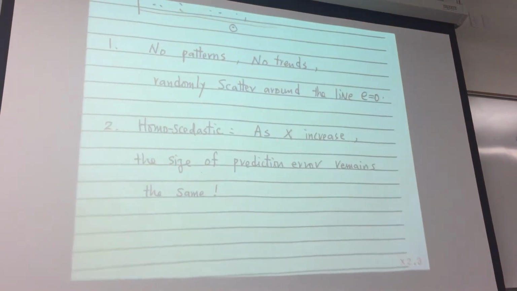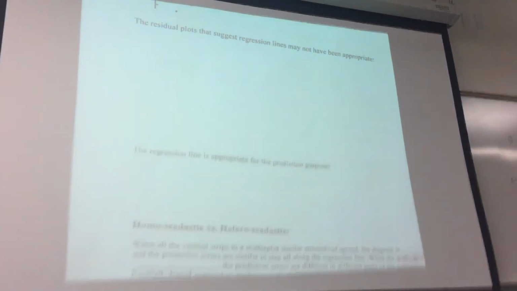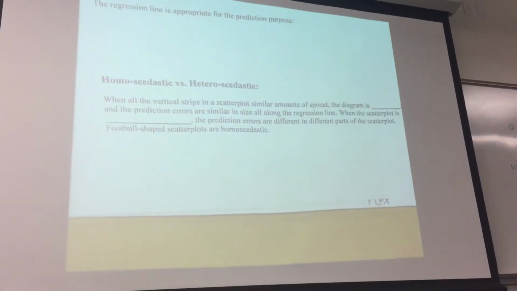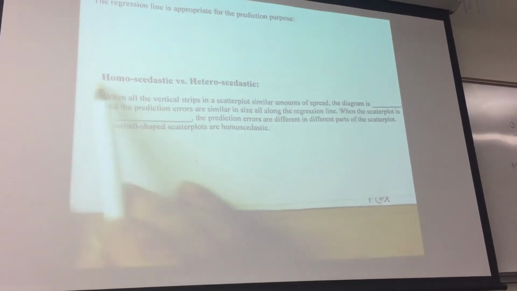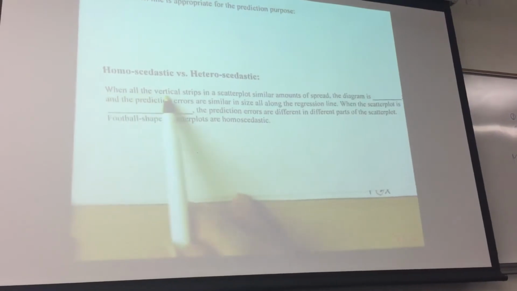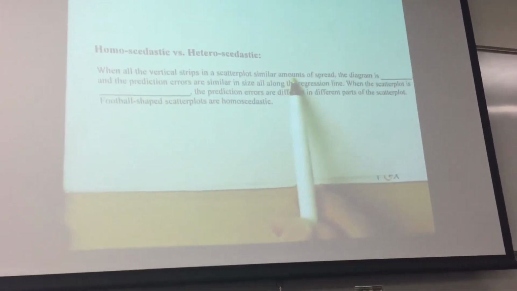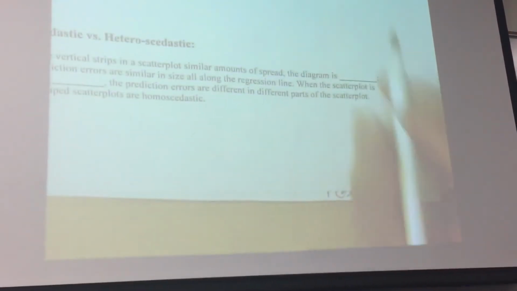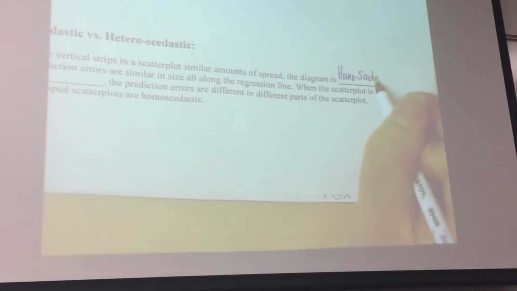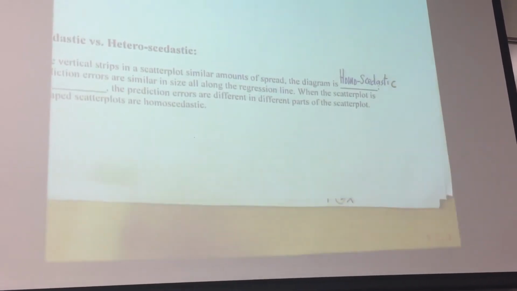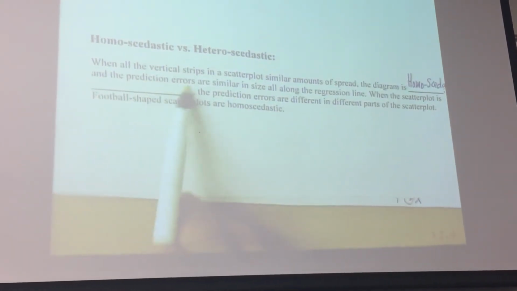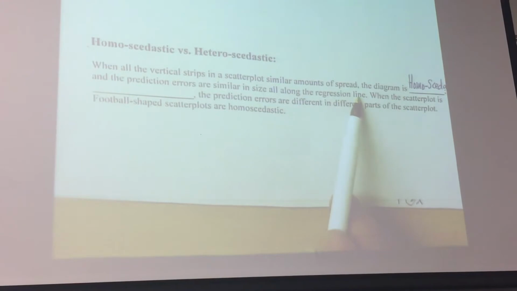Now let's look at the next topic. Homoscedastic versus heteroscedastic. When all vertical strips in the scatter plot have a similar amount of spread, we call the diagram homoscedastic, and the prediction errors are similar in size all along the regression line.